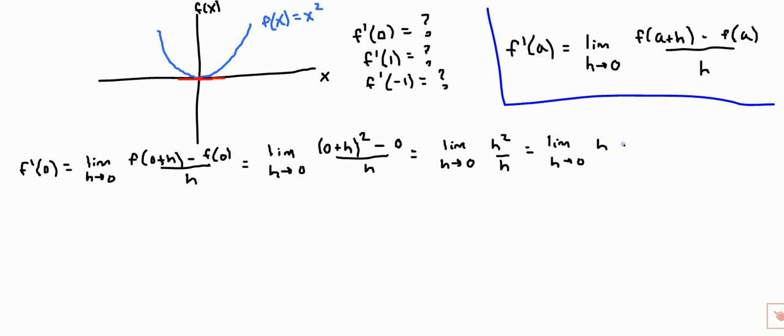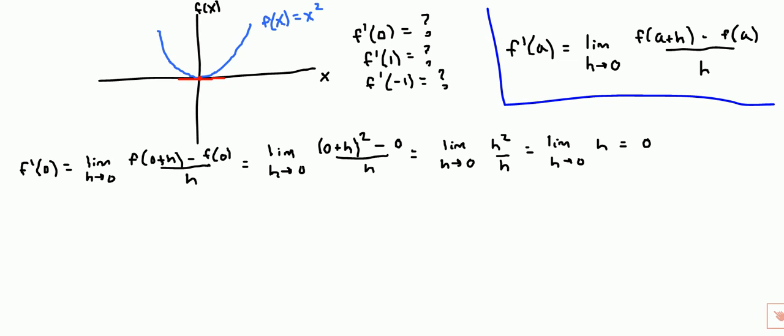And what does h approach as it gets closer and closer to 0? That's just 0, right? So what do we find? We found that f prime of 0, the slope of x squared at x equals 0, is equal to 0, which is what we thought. This little tangent line clued us into the fact that f prime of 0 was equal to 0.